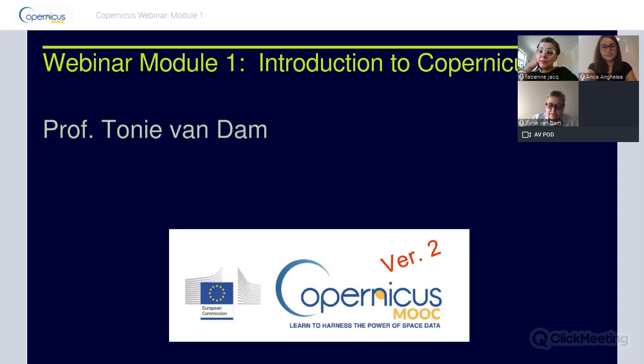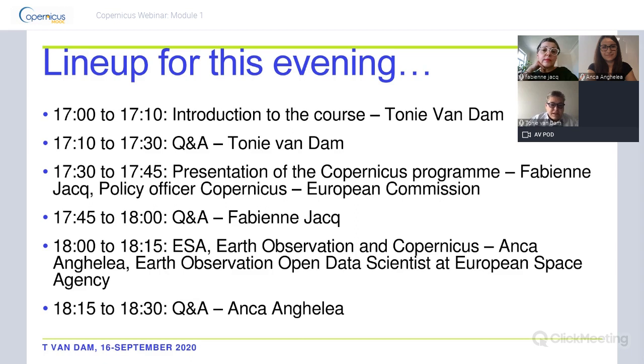Now, this afternoon, morning, evening, depending on where you are, it's not only me that's going to be presenting. I'll start, and my focus is going to be on the course itself and how you get your certificate. Then we'll have a presentation by Fabienne Jacques, who's the policy officer of Copernicus from the European Commission.